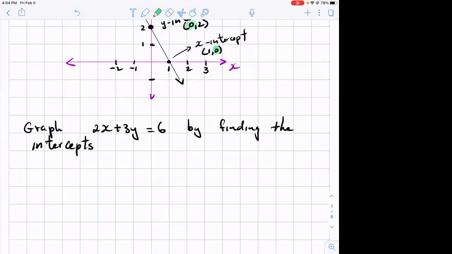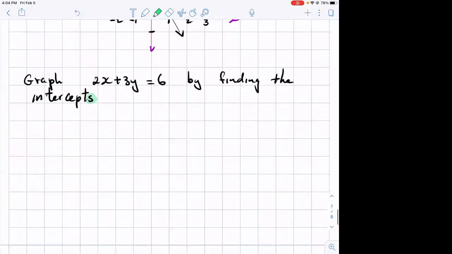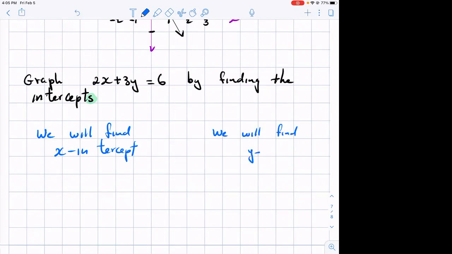Now be careful, I'm saying intercepts. So you know that there is an x-intercept, there's a y-intercept. So this means we will find the x-intercept, and we will find the y-intercept.